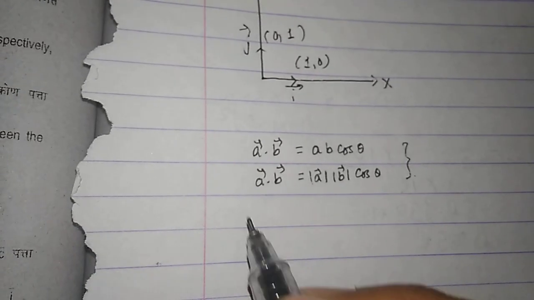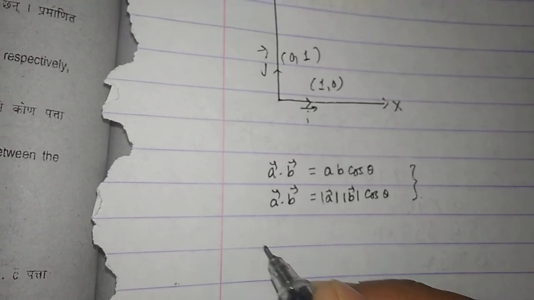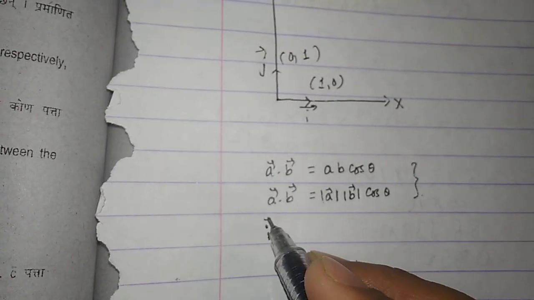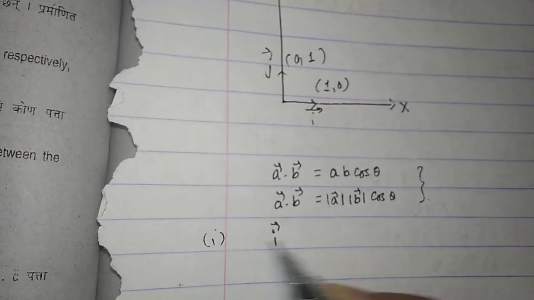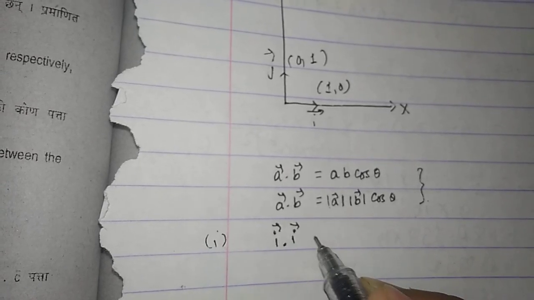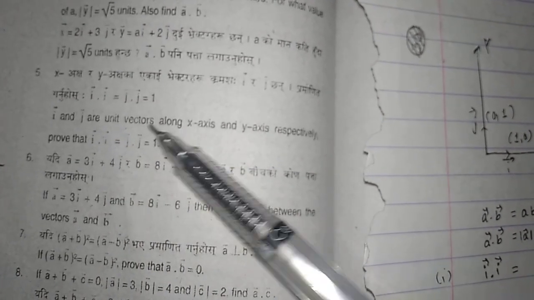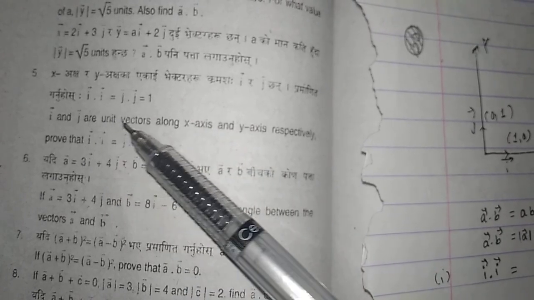So this time, instead of a we have i, and instead of b we also have i. i is a unit vector as in the question, and i and j being unit vectors means their magnitude is equal to 1.